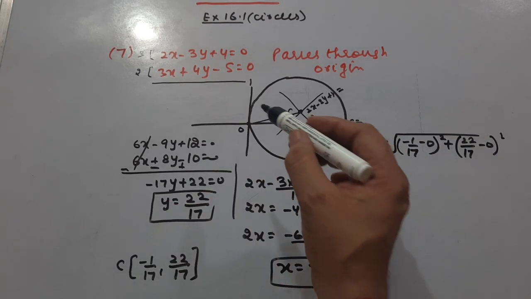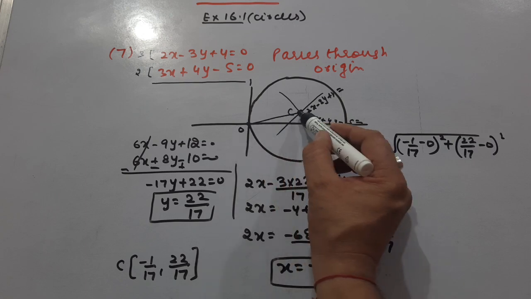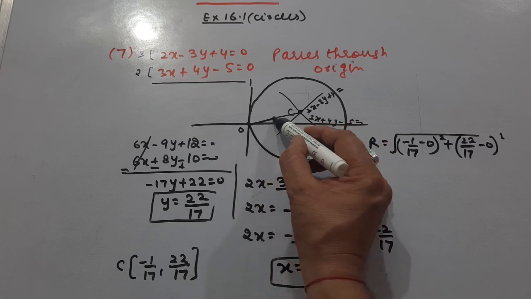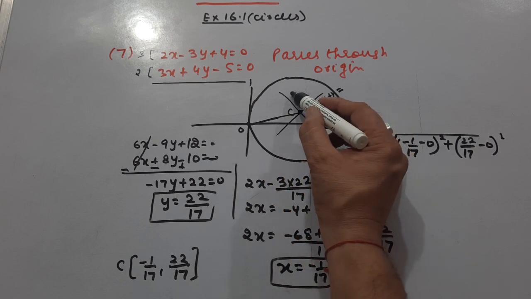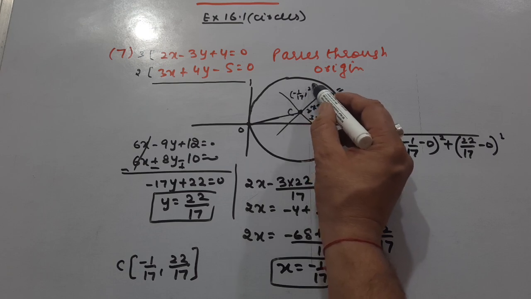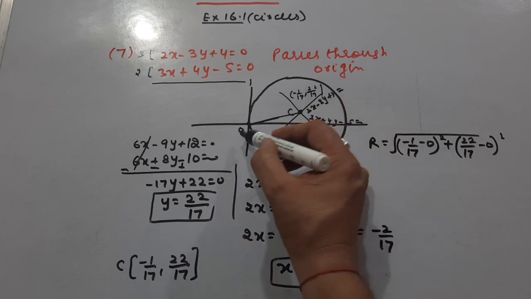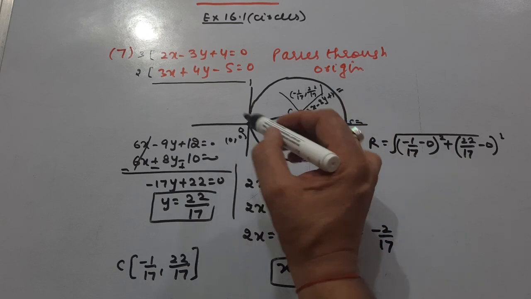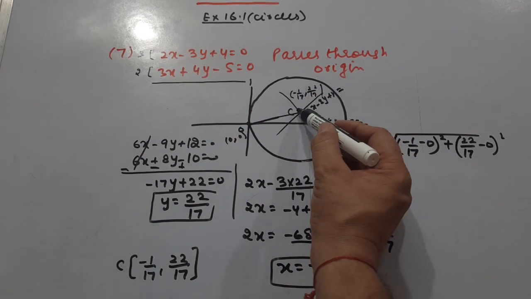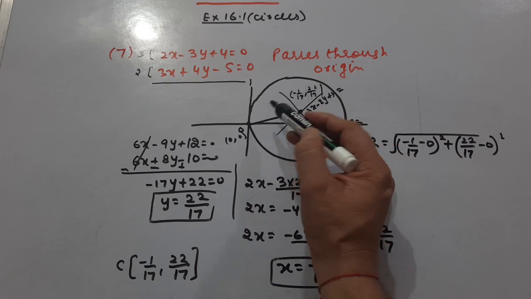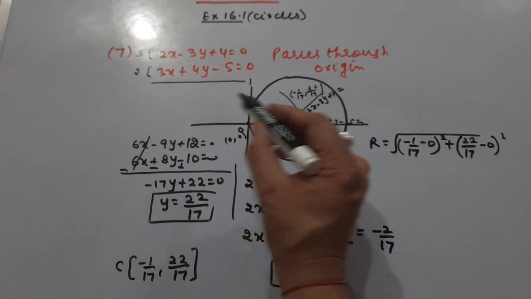Because if I join the center C with O, then this is the radius. The coordinates of the center we have just found are minus 1 by 17 and 22 by 17. And the coordinates of the origin we know are 0, 0. So if I apply the distance formula over here, then easily I can find the radius r.